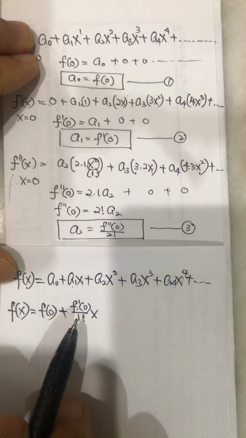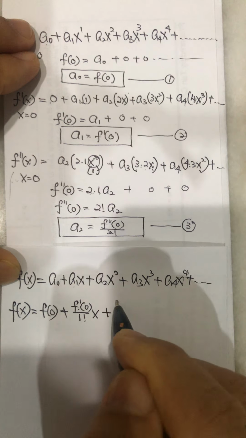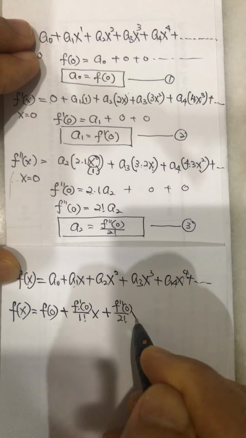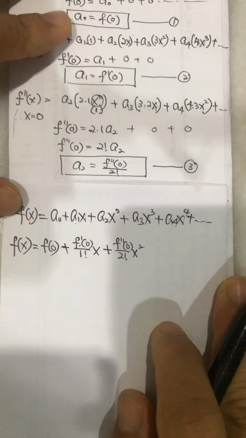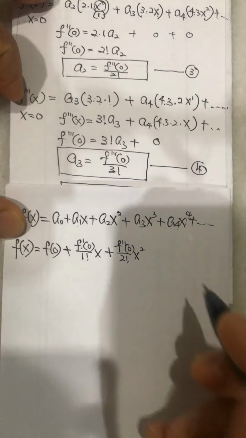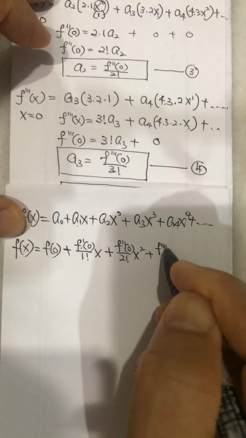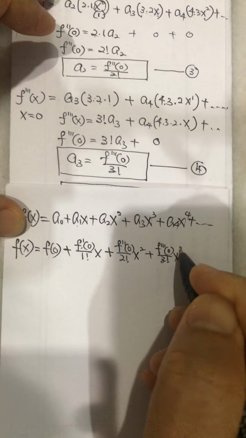Okay, then what is your a2? A2 will be the second derivative at 0 over 2 factorial x squared. Okay, then what is our a3? a3 will be the third derivative, substitute 0, over 3 factorial x cubed.